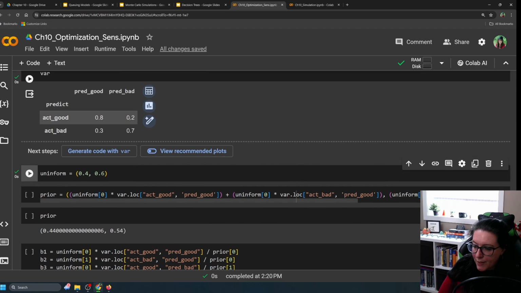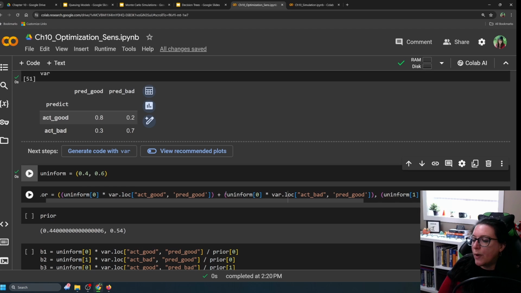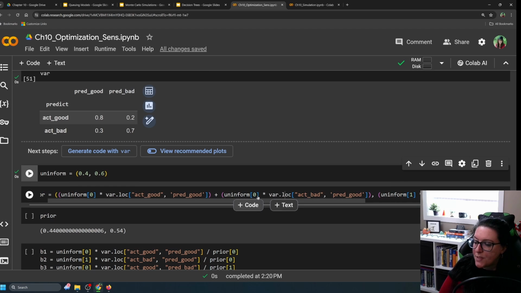So act good, predict good is going to be this 20% times the uninformed number here of 40%. And then we're going to take the uninformed 40% times the act good, predict good, and add those two together.